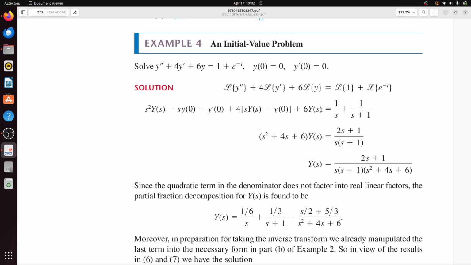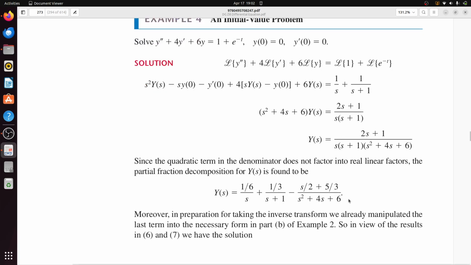Once again you divide by s^2 plus 4s plus 6, you divide it into partial fractions, and this s^2 plus 4s plus 6 can be written as s by 2 plus 5 by 3. You can compute it, and you have already manipulated and determined this.